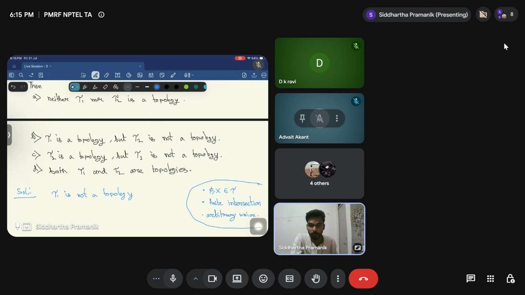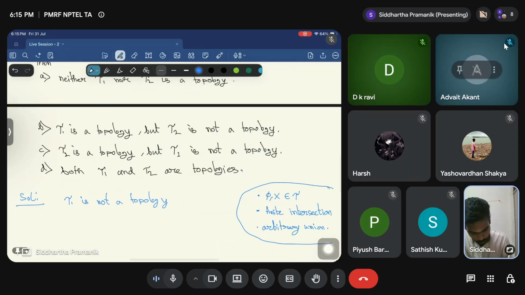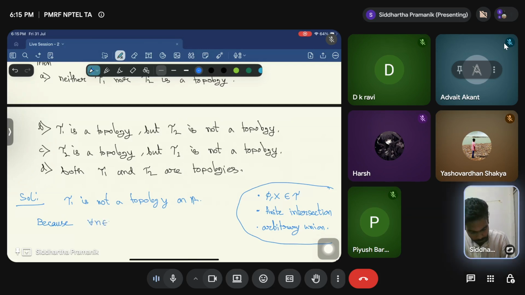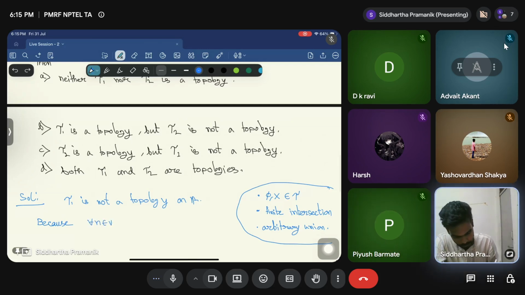So, try to think about the second one. So, tau1 is not a topology on R because for every natural number n, if you take the singleton set {n}, this is a finite set, so it belongs to tau1.